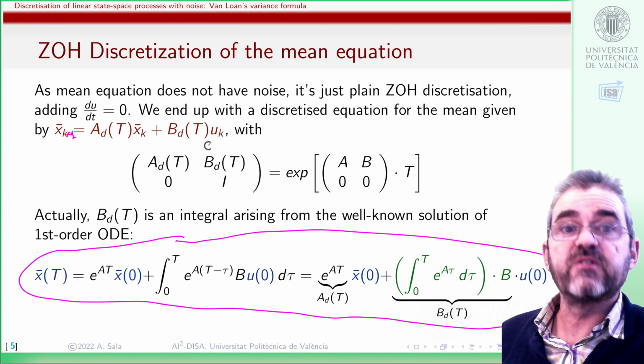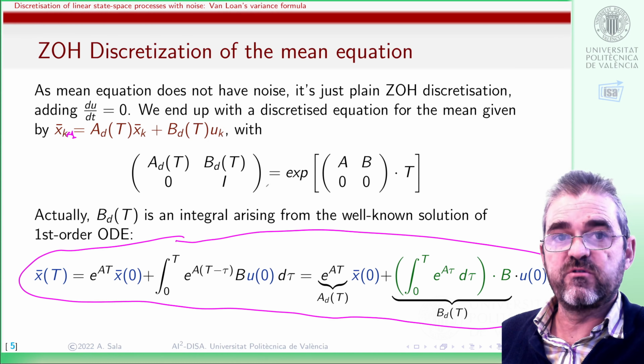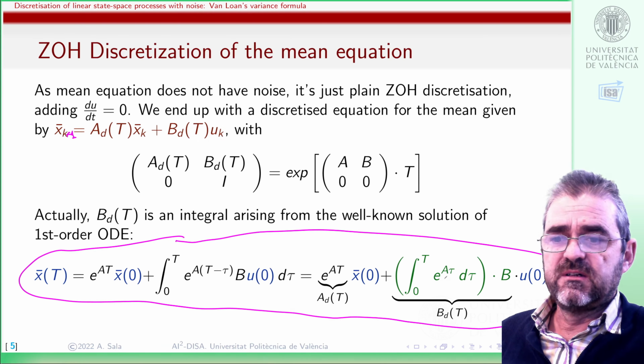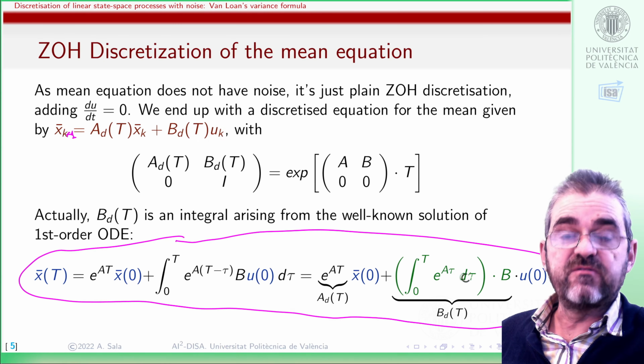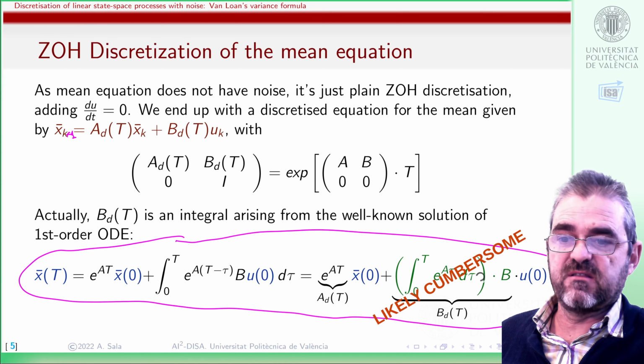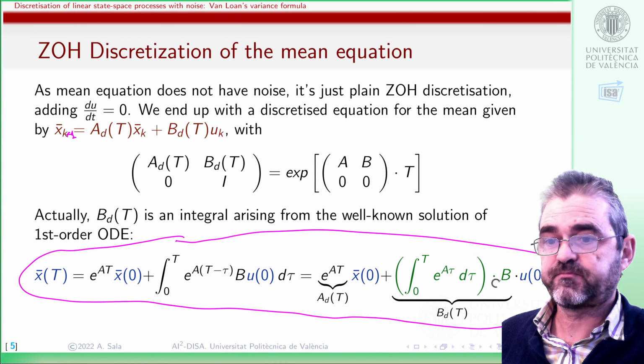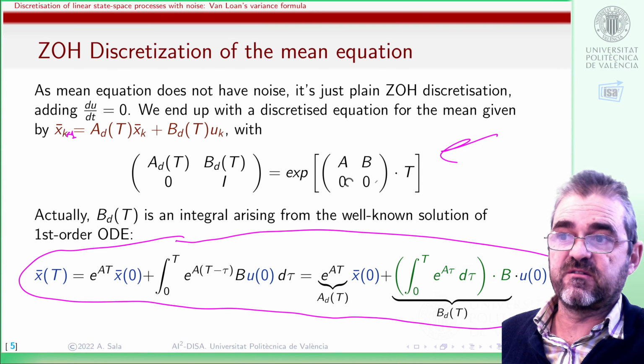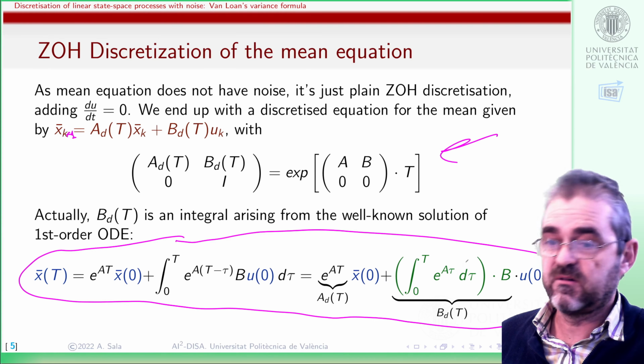There is no noise here because we are only considering the evolution of the mean, the expected value. Well, numerically, this integral of a matrix exponential is kind of dirty. We could do it symbolically, but okay, this expression in the middle of the slide is a convenient way of avoiding the computation of this integral.